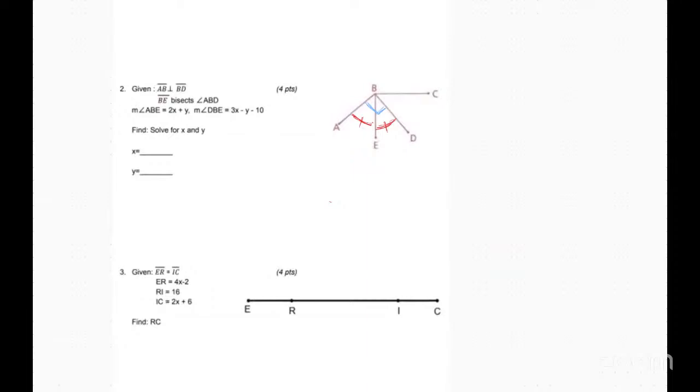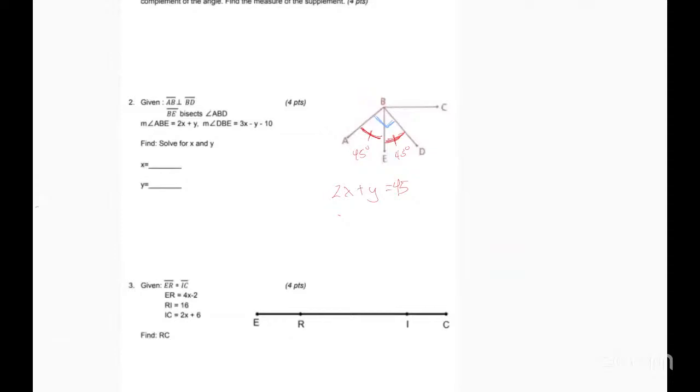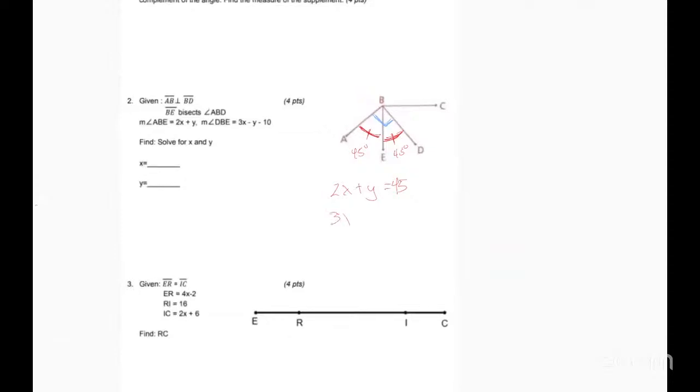So let's write that in. It says the measure of ABE is 2x plus y, so that would equal 45, right? And the measure of DBE is, so that's this one, 3x minus y minus 10 equals 45 also.